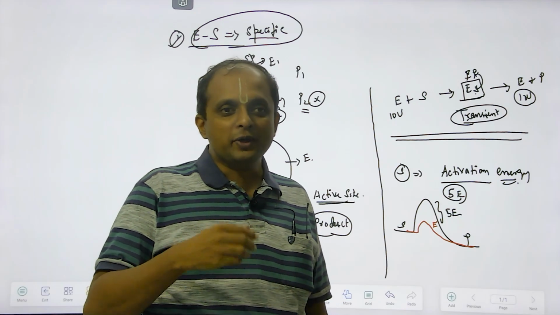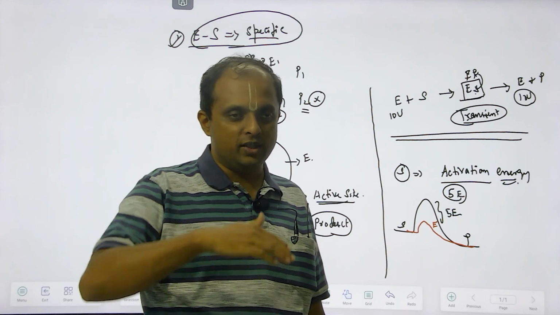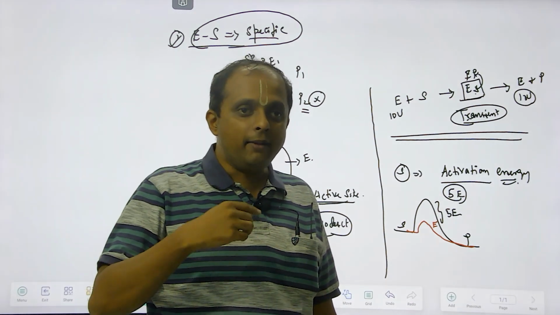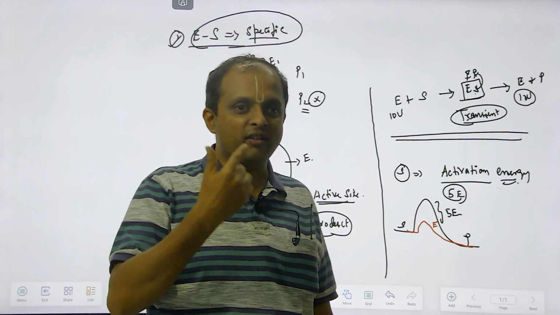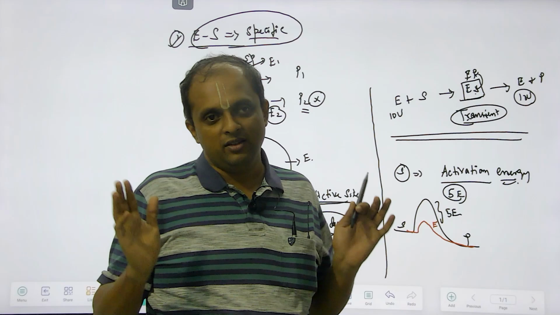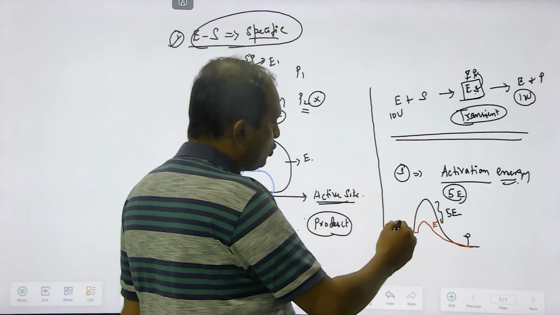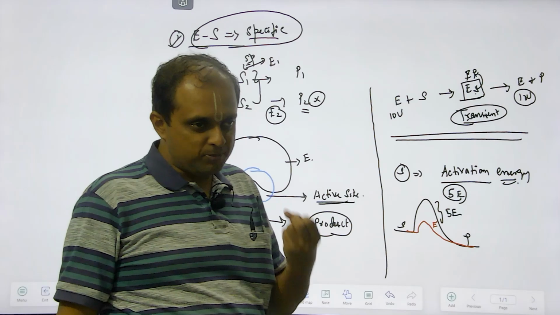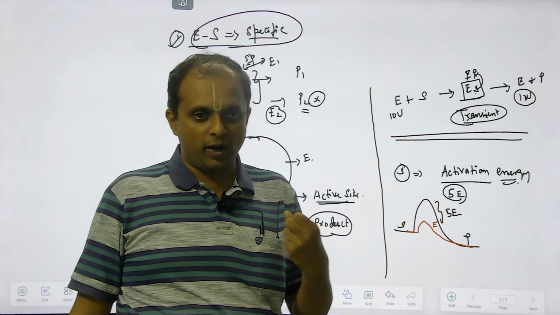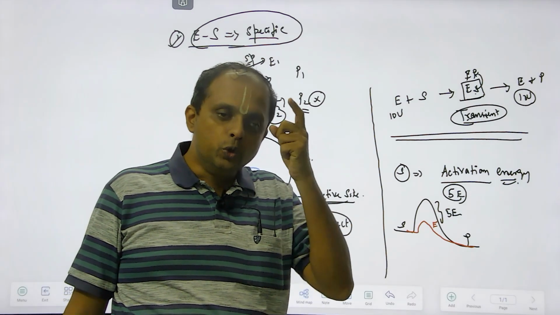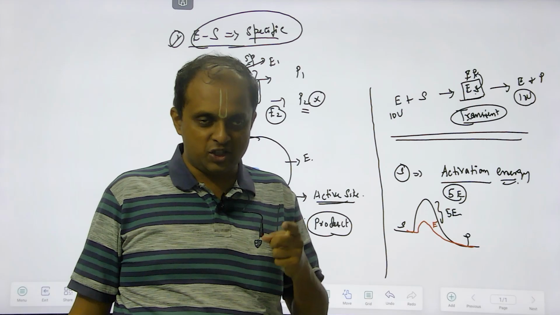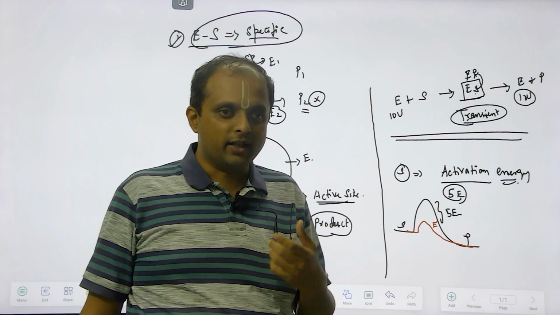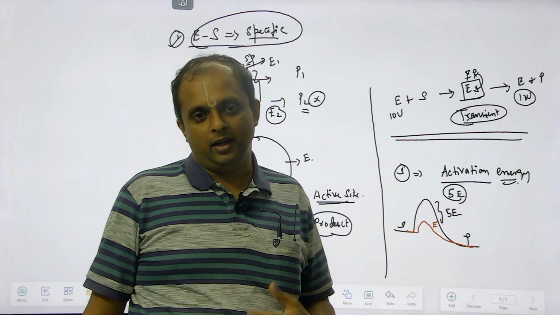For me to reach it in 2 hours, the size of the hill would have to be reduced, then the time taken to reach the other side is faster. This is something similar, right? The activation energy is the energy required by the substrate to get converted to product, and the enzyme lowers the activation energy, thereby the substrate gets converted to product in less time.